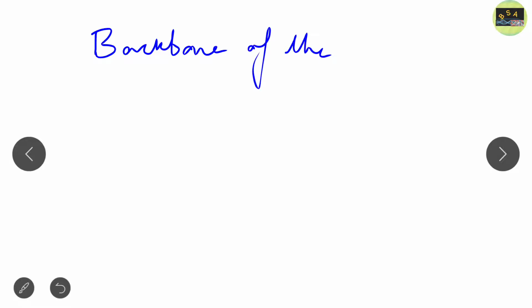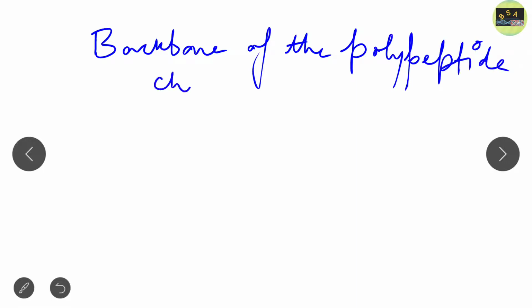In beta conformation, the backbone of the polypeptide chain is extended in a zigzag manner.